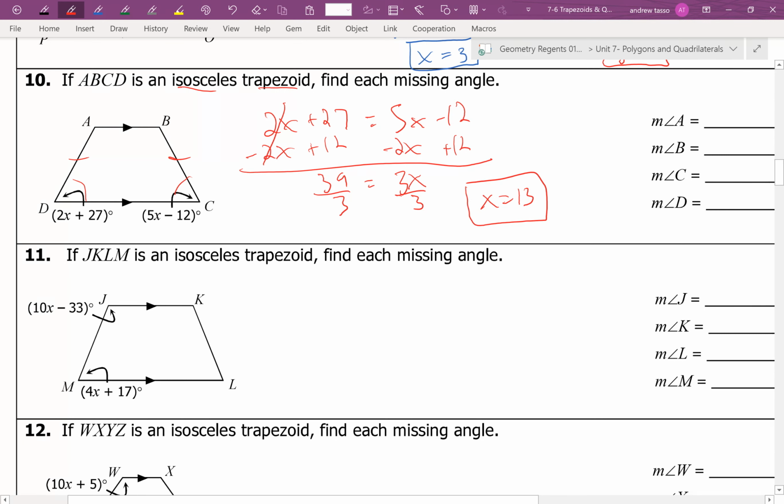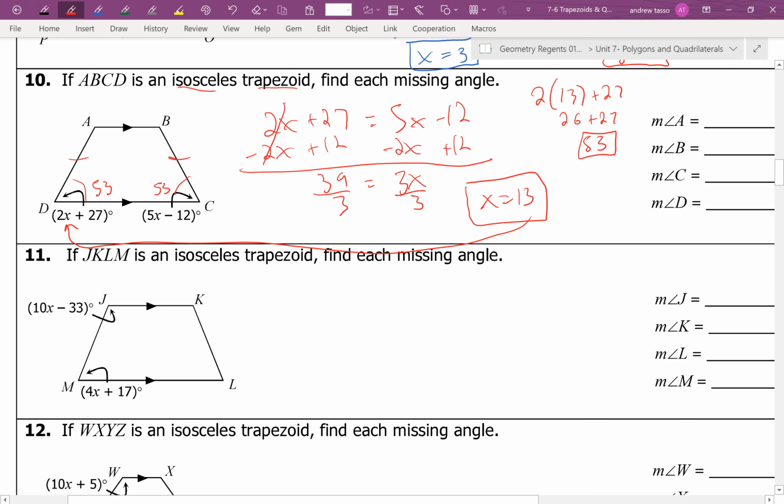Now, since they're asking for the measure of each angle, we have to plug back in. So I'll decide to plug in here. So we have 2 times 13 plus 27, so that's equal to 26 plus 27, so that's 50 and 3 extra, so 53. Okay, so 53 degrees for the bottom left corner.